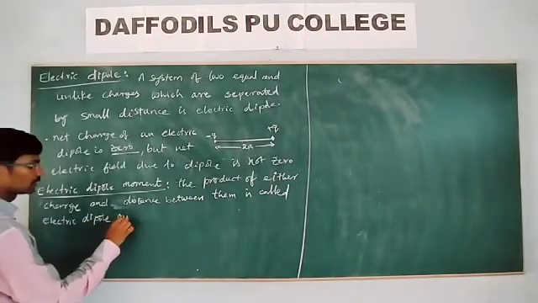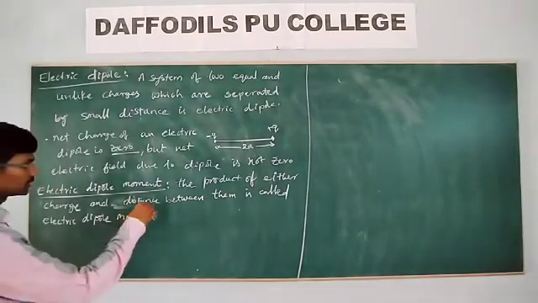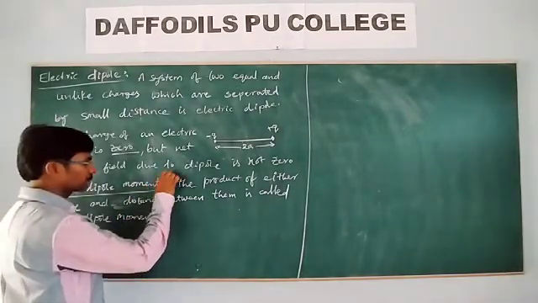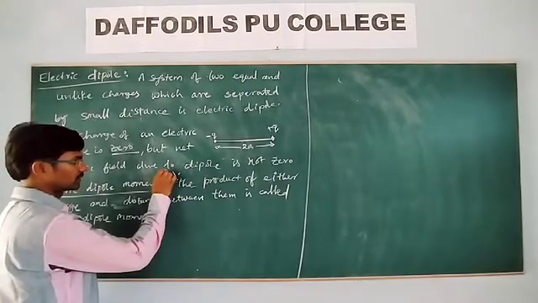The symbol for this one we are taking as P. P is the symbol for the electric dipole moment.